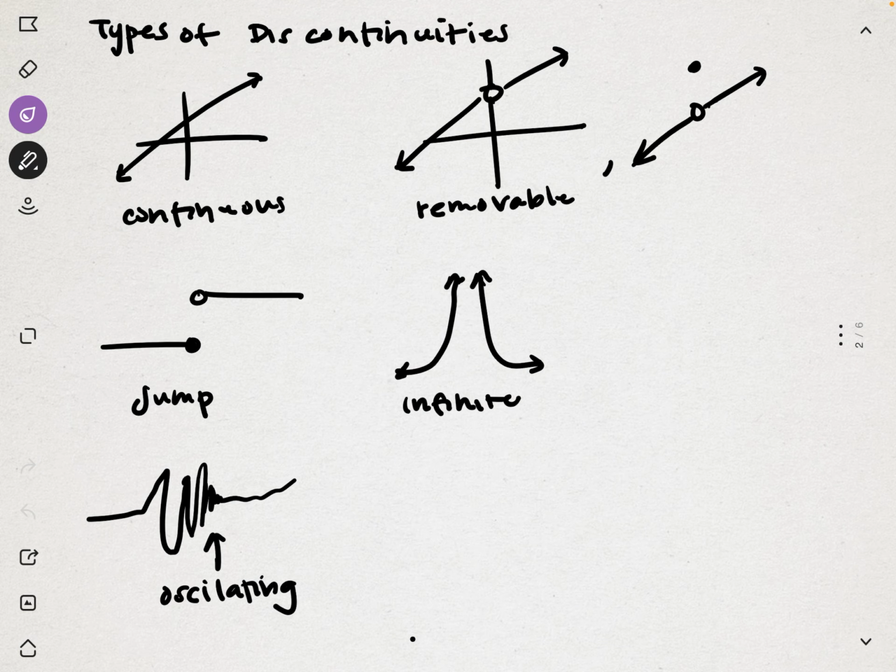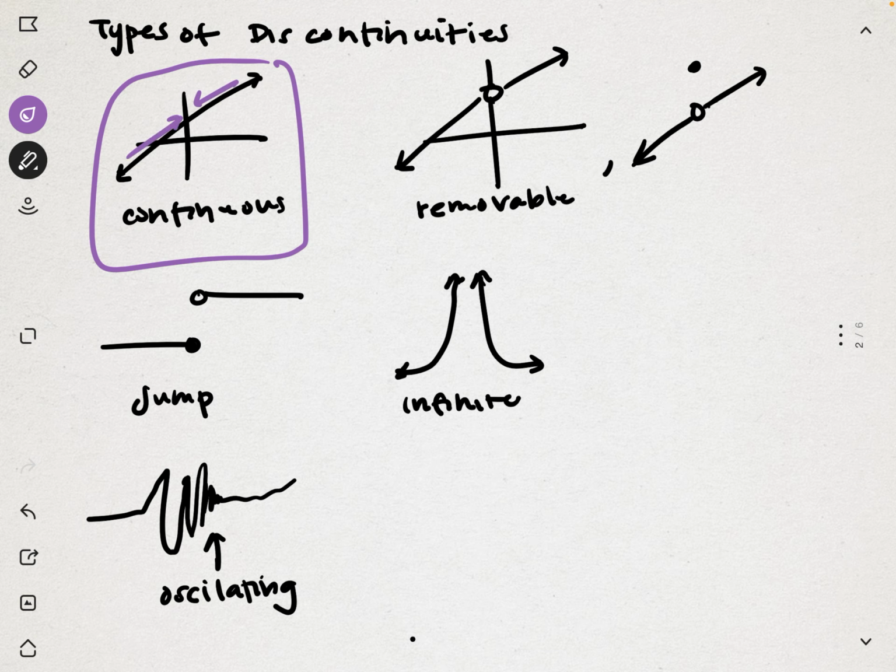The next page is types of discontinuities. Well, this one is not. This is what it looks like if it's continuous, right? The value is the same thing as the limit. Now, removable discontinuities, we saw one like this, right? The left side and the right side, we thought it was going towards this point.